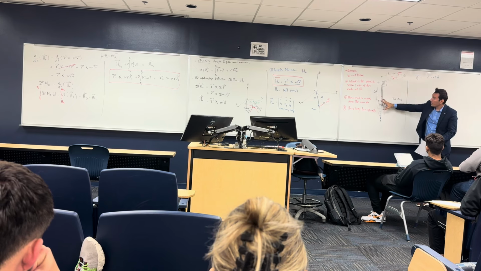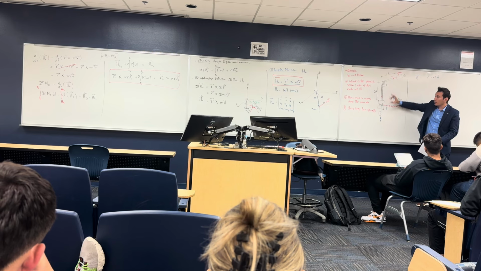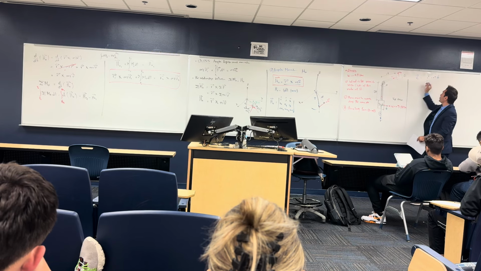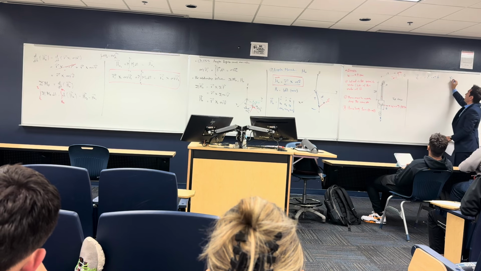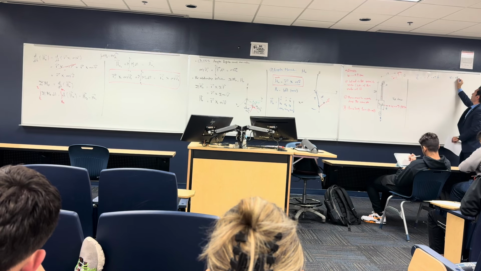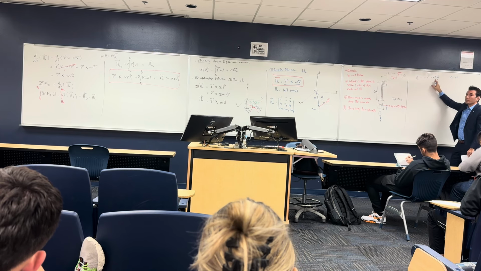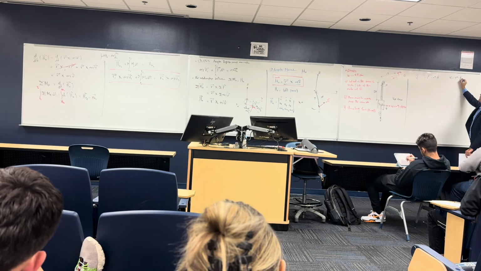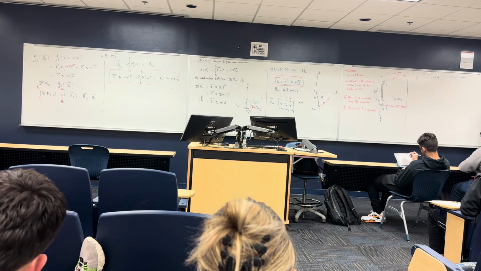I told you that at this point, this arm is not decreasing or increasing in length. So VR is going to be equal to 0. So V1 is equal to 0.5 as a magnitude, because if you take the square root of 0 plus 0.5 squared, you get 0.5 feet per second.